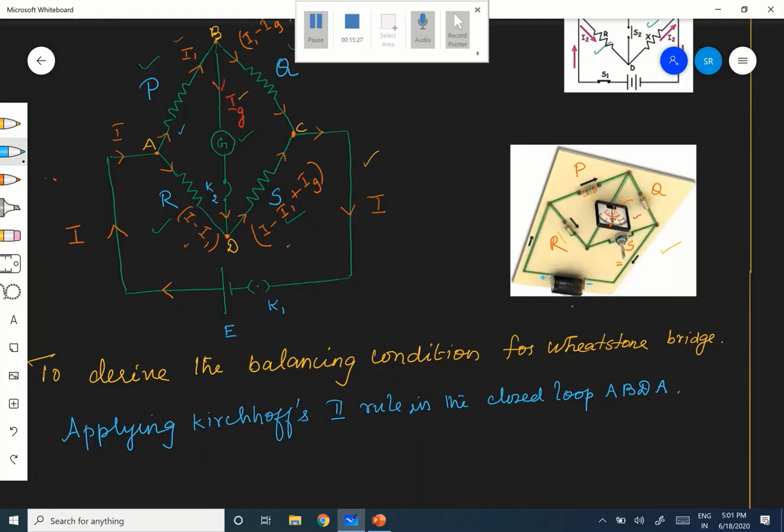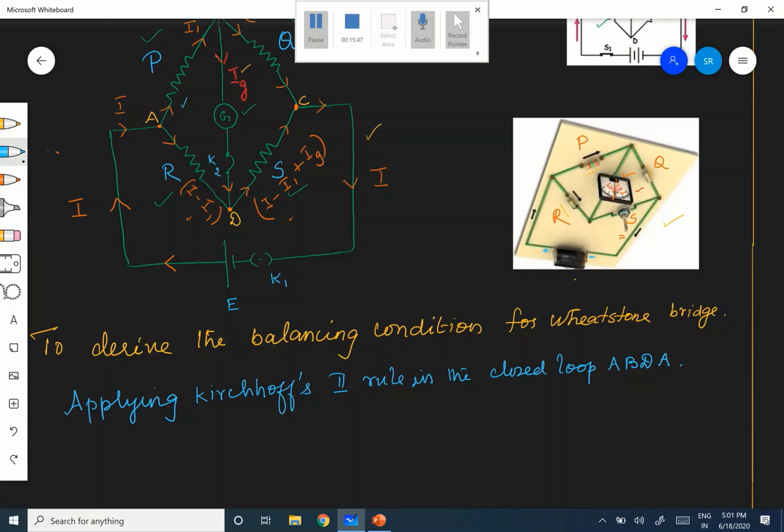Now we are going to apply Kirchhoff's second rule. What is Kirchhoff's second rule? The algebraic sum of the product of the current and the resistance in a closed circuit is equal to the algebraic sum of the EMFs in that loop. In ABDA, can you apply here?